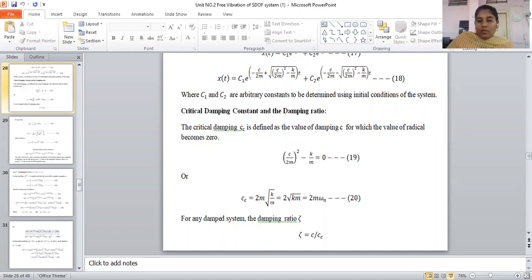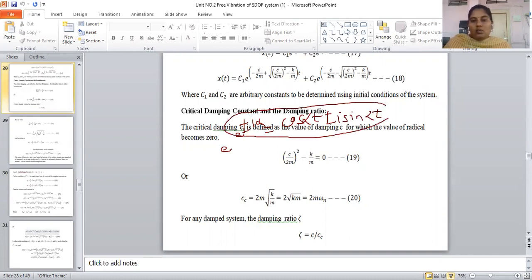So what is the formula we use here? That is e raised to plus or minus i alpha t equals cos alpha t plus or minus i sin alpha t. This trigonometric formula is used for getting the solution of C1 into e raised to i alpha t and C2 into e raised to minus i alpha t.